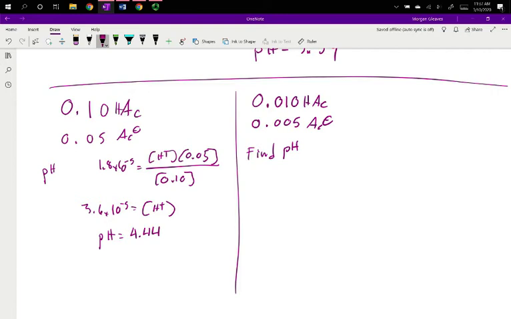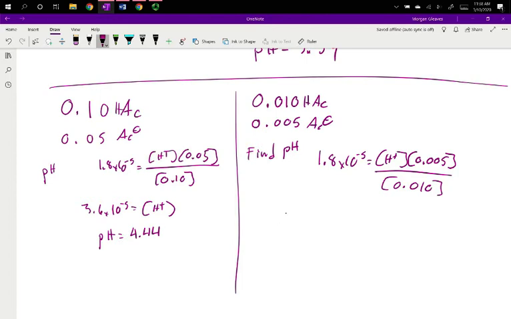All right, if you gave it a shot, well, we'd plug it in the same. 1.8 times 10 to the minus 5 equals H plus. So this time 0.005 over 0.010. So we have 1/10 as much stuff, but remember, we're just multiplying and dividing. And so effectively we always had twice as much acid as base.